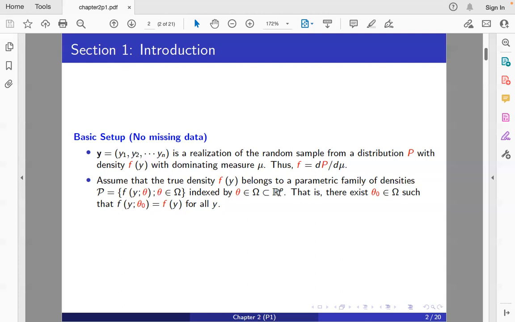But for the beginning, we'll just focus on the parametric model for now, and maybe later we will move on to more advanced techniques too. So basically, the true F as a function of y is completely determined by theta null. That is the basic setup.